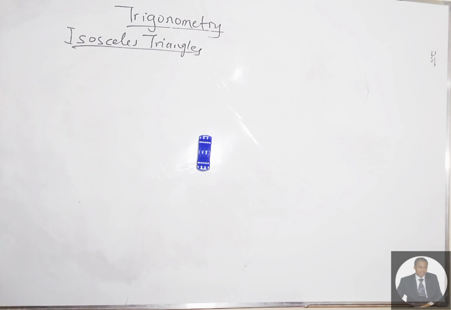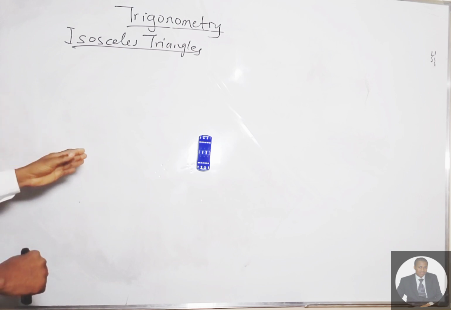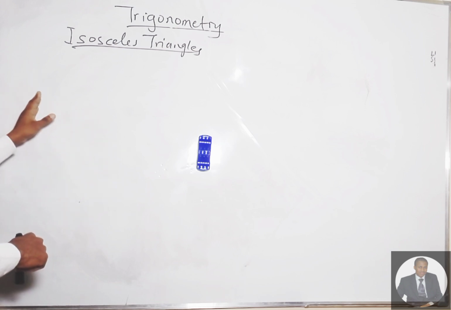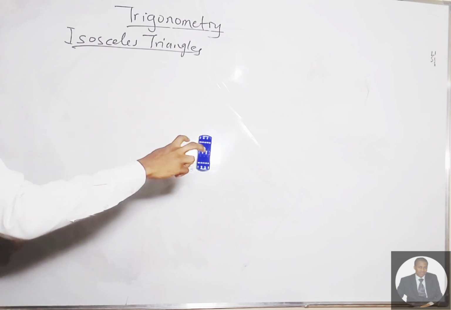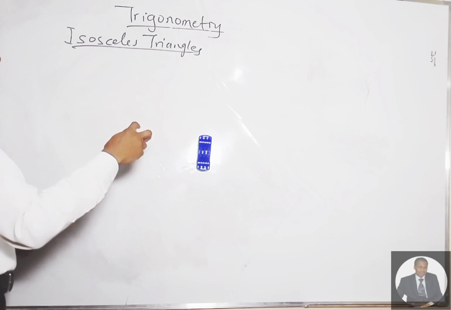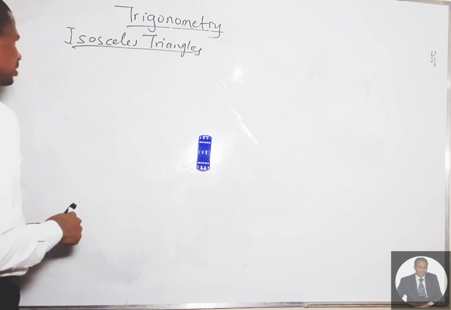We also dealt with exterior angles, and we said that an exterior angle is equal to the sum of the two opposite interior angles facing it.